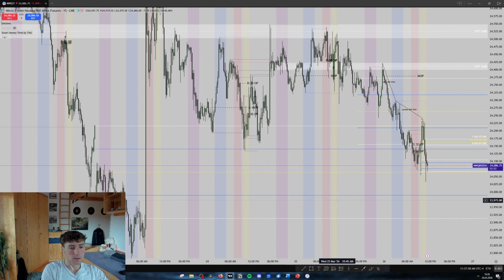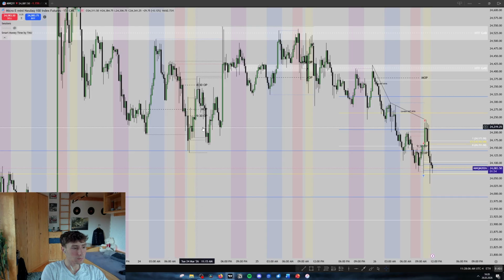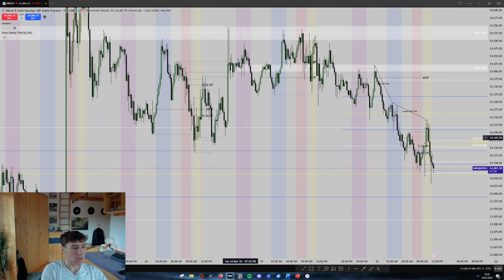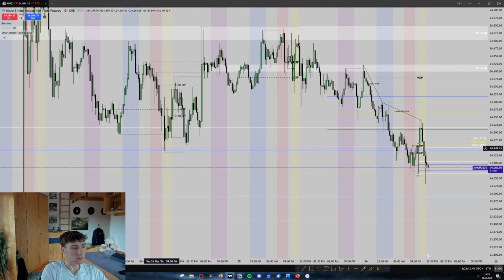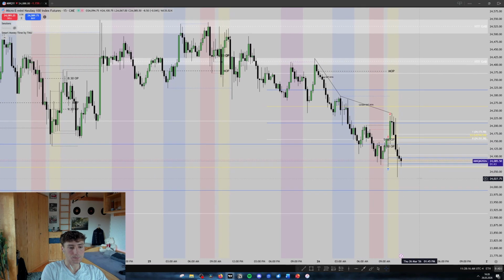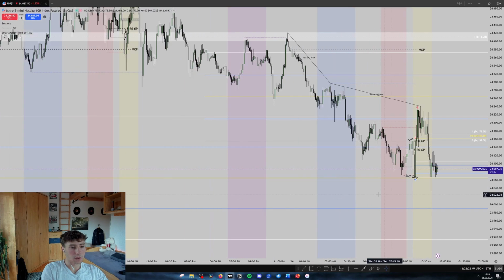Definitely we can expect that the quadrant levels will deliver support to the market, as you can see right here, respecting not only the high of the gap, but also more importantly the upper quadrant, and also today the CE level.